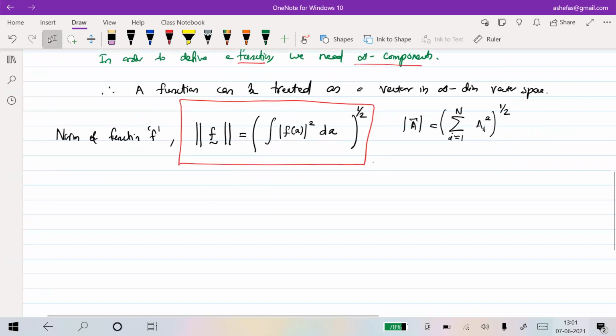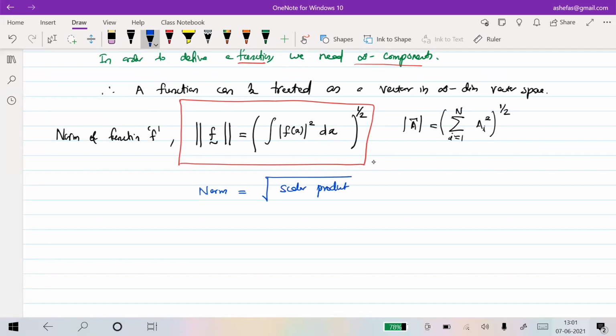Now, we also discussed that the norm can be written as the square root of a scalar product.